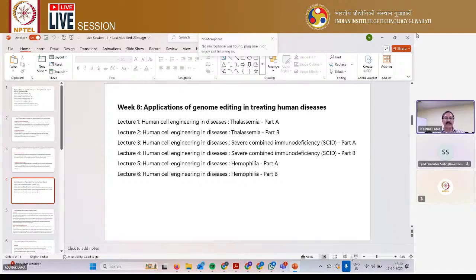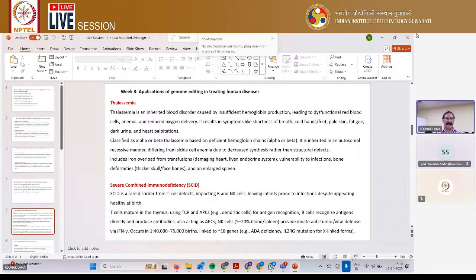In module 8, in week 8, we tried to learn about the applications of genome editing, particularly in treating human diseases like thalassemia, severe combined immunodeficiency, and hemophilia, which are some of the very important diseases found in the human population.